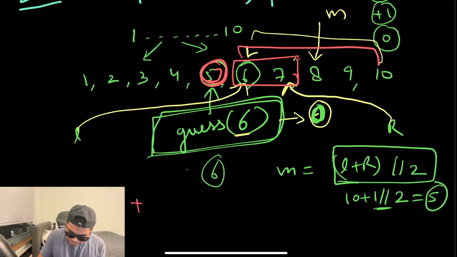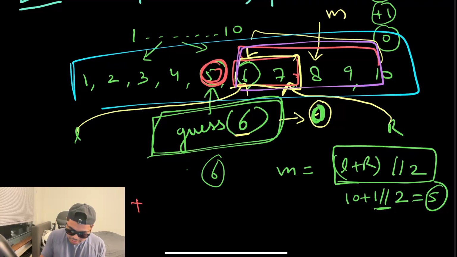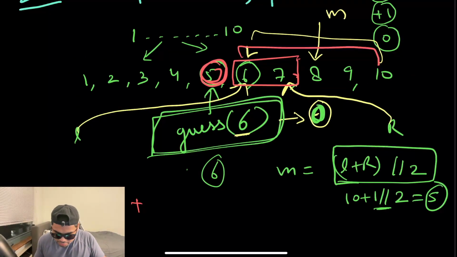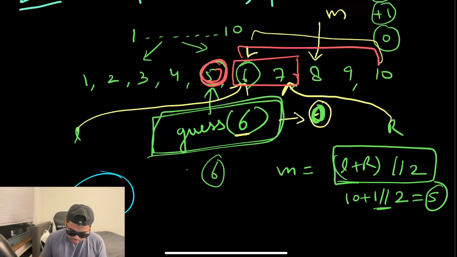This was the step before it, this window. And initially our first window was the entire range, right? It's getting a little messy, but what I'm trying to say is it took us 3 attempts to guess the number.